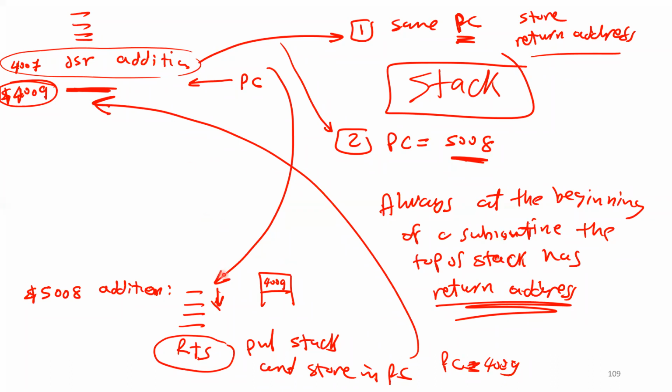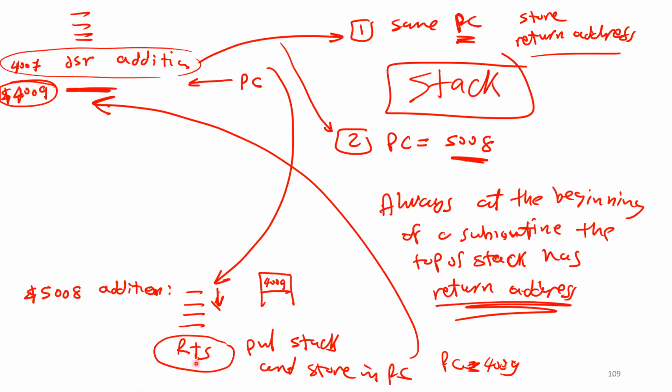So let me tell you the conclusion of this slide before I leave it. The conclusion is, guys, number one, jump subroutine should push PC in the stack. Why? Because I have to store the return address because I'm gonna need it later.